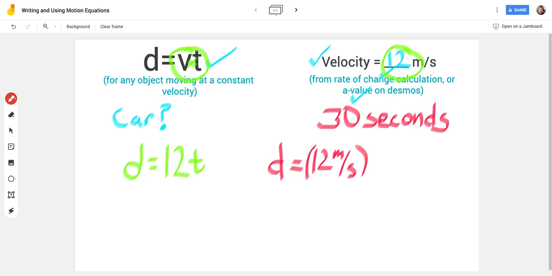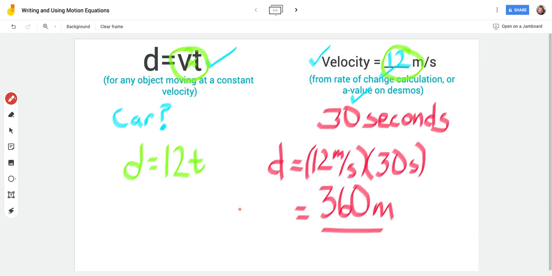And I'm going to put it in parentheses because parentheses mean multiply as well, multiplied by the time, 30 seconds. Multiplying 12 by 30 gets you 360. And it's 360 meters.